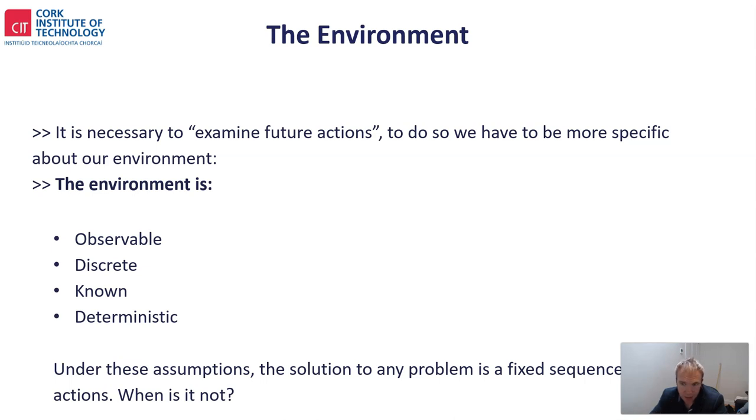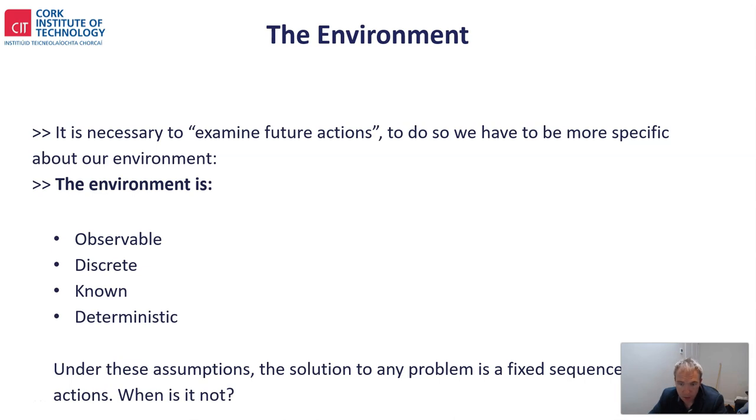Again, this is true for navigating in Romania because each city is only connected to a small number of other cities. We say it's known because the agent knows which states are reached by each action. Having the map enables us to do this. And it's deterministic because we assume that each action has exactly one outcome.